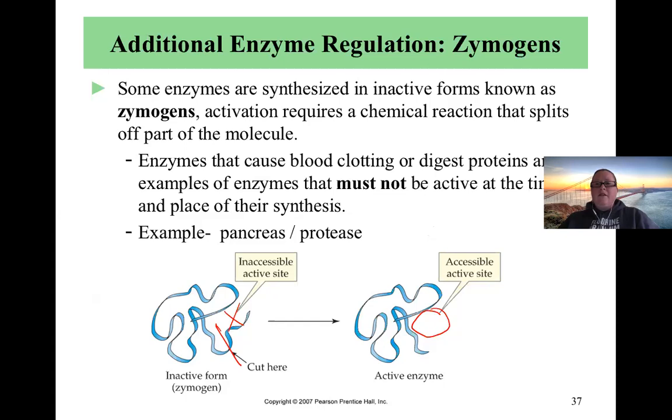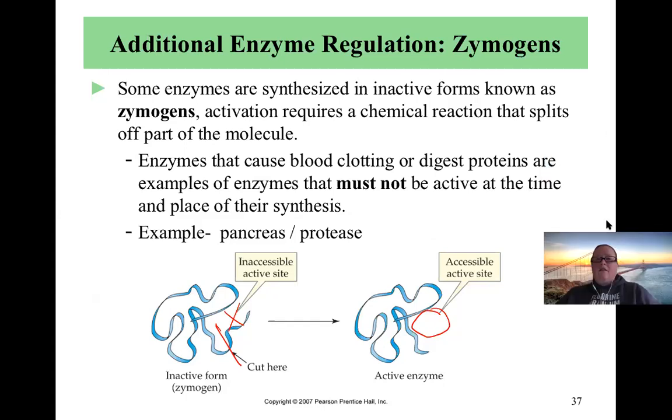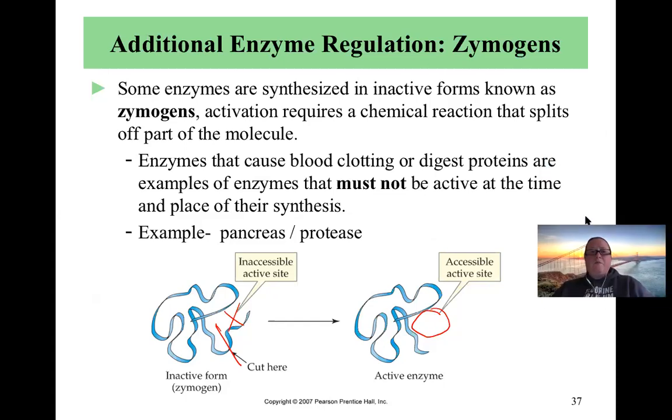An example of where this happens in our body is our pancreas makes protease, which is an enzyme that will break down proteins. Now, we don't want this enzyme that's being made in our pancreas to start breaking down the pancreas. That is not good. So it makes a precursor to protease.